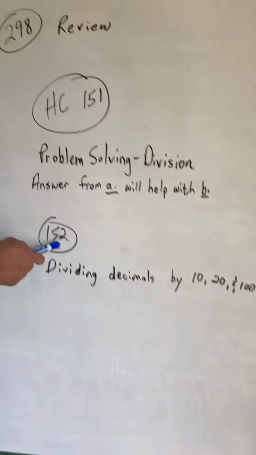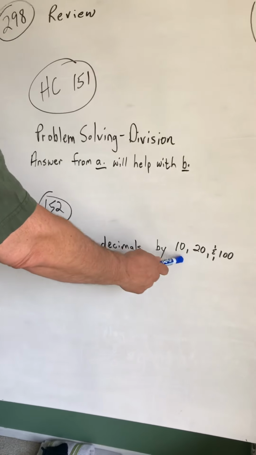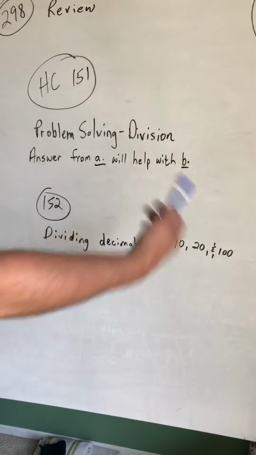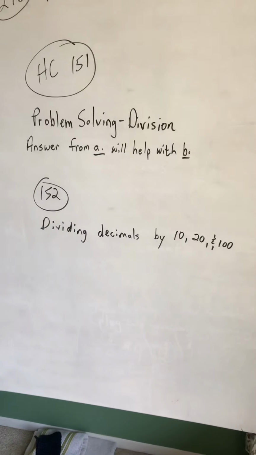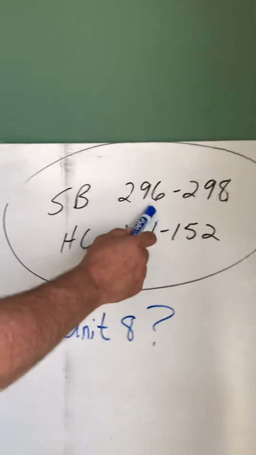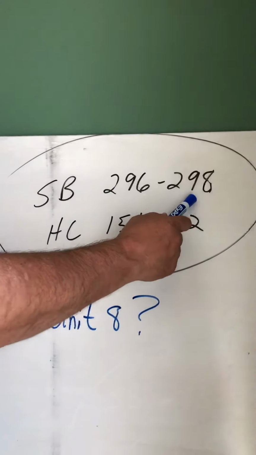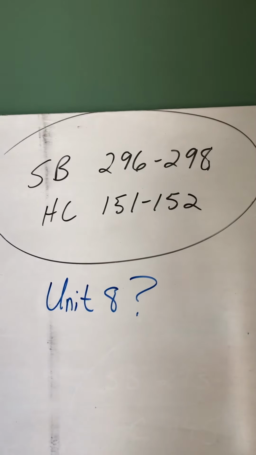And on page 152, you're dividing decimals by 10, 20, and 100. They're going to ask you if you see any patterns. So for your student book, you're doing 296 to 298, and home connections, 151 to 152.